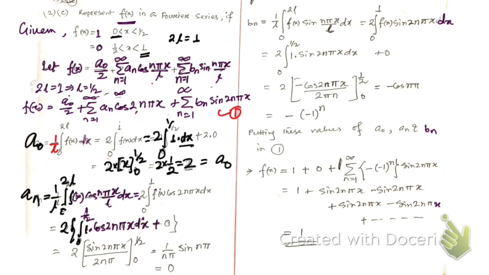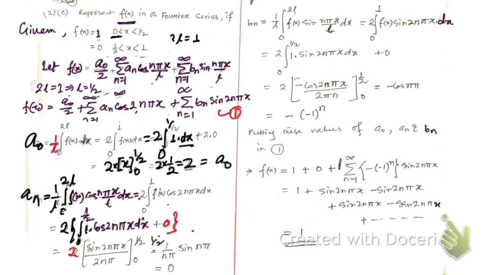And the integral from half to 1 of f of x cos twice n pi x dx: here you can see when x lies between half and 1, then f of x is 0, right? So hope you can see it clearly. That's why we have put this equal to 0. So this is the result we have got.